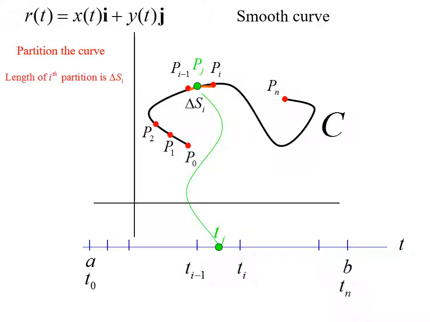And so we can choose any point in the interval and set up a sum where we're adding up all of the small partitions of the curve.